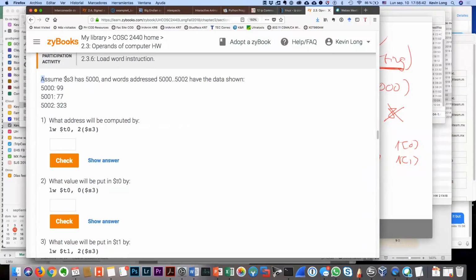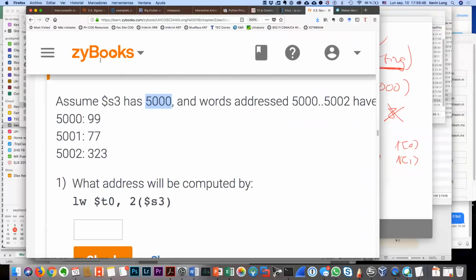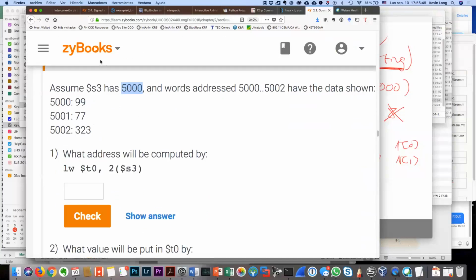So let's assume S3 has the value 5,000, and the words addressed 5,000 through 5002 have these three values. What address will be computed by load word into T0, offset of 2 to S3? Well, what is S3? S3 is a base address, and what's its value? 5,000.